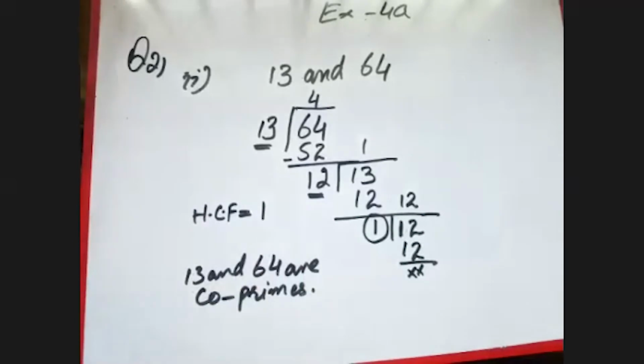Highest common divisor is 1, which is common in both the numbers. The highest number which is a factor of both the numbers is 1. So you can say that 13 and 64 are co-primes.